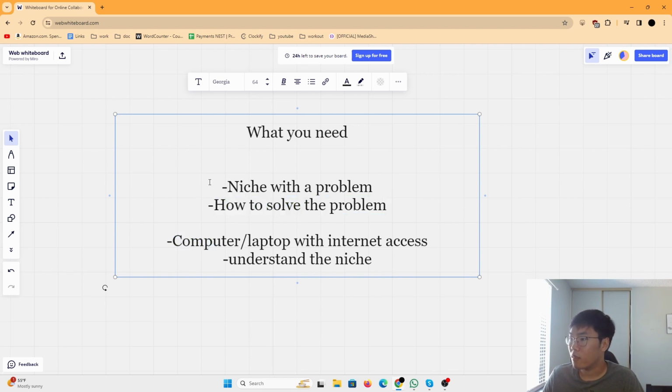Honestly, I say niche, but I think a lot of people tend to go too deep into what type of niche they should get into. I don't think you have to limit yourself to just one niche, or maybe I'm wrong, but for me, I don't. But when I say understand the niche, I'm pretty much saying understand the problem and understand the solution.